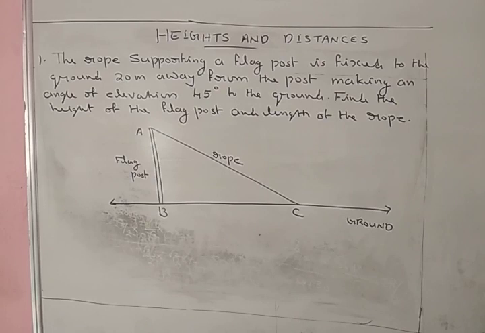This is the figure related to the problem. Here there is a level ground. On that level ground, a flag post AB is fixed. AB is the flag post.